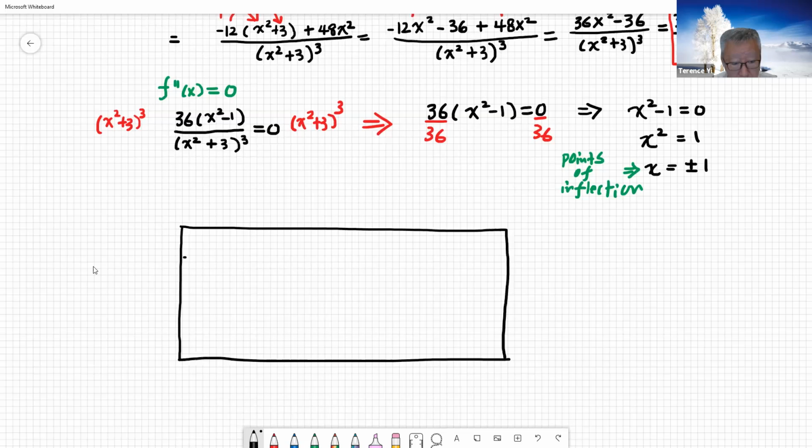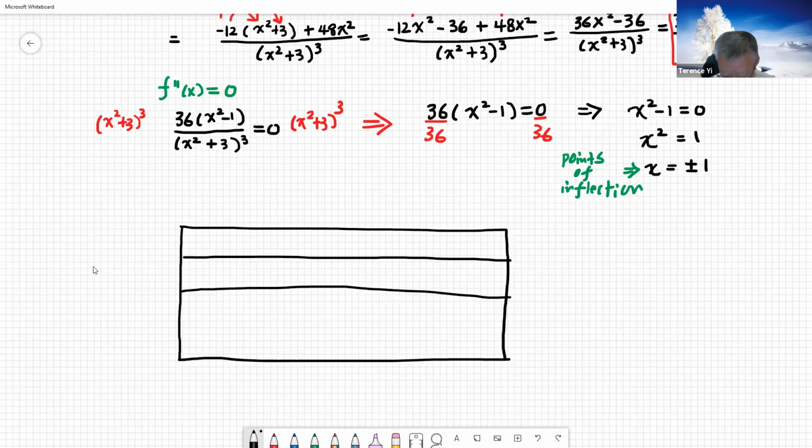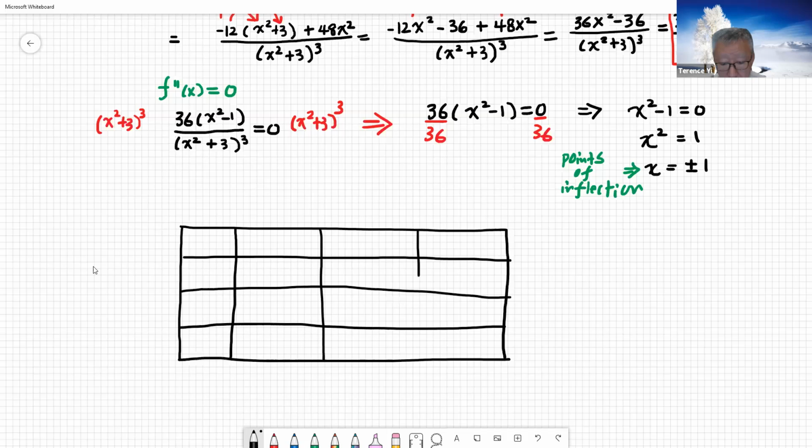So we have the interval, the test value, and the sign of f double prime of x.